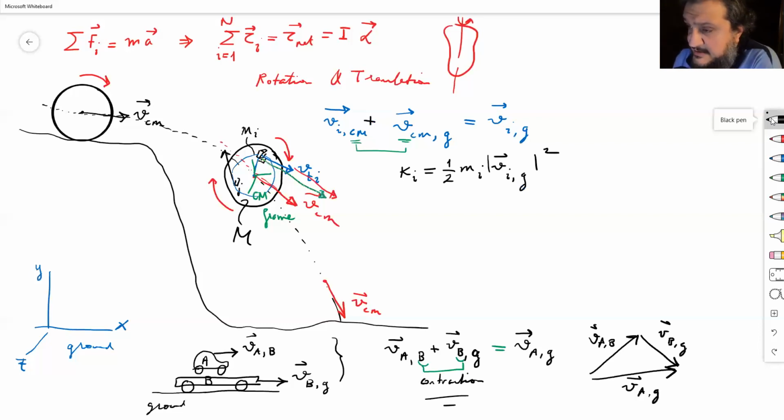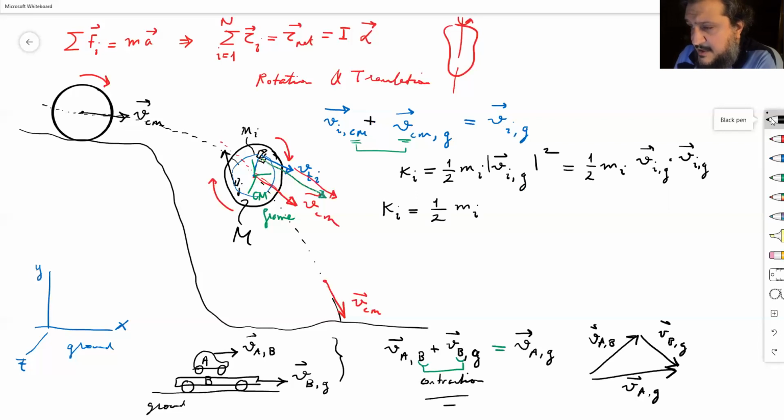I could write it as 1/2 MI VIG dot product by itself. That's what the square of the magnitude means. So I'm going to take this and then square it. Let's write it explicitly. We have here 1/2 MI.